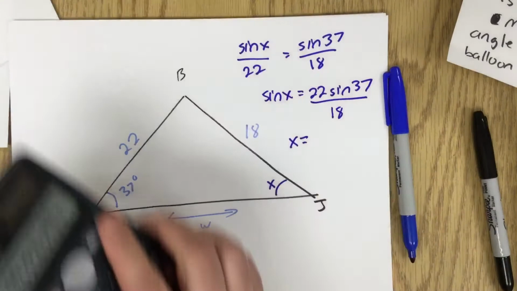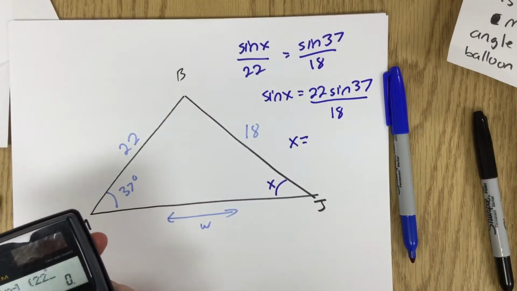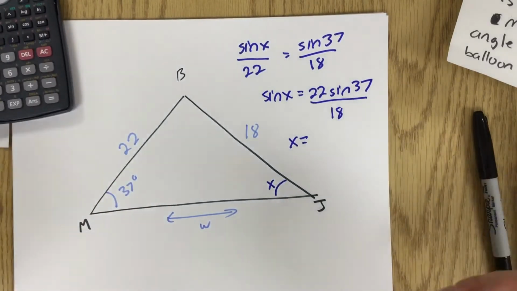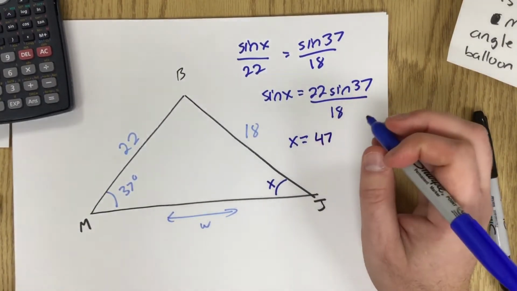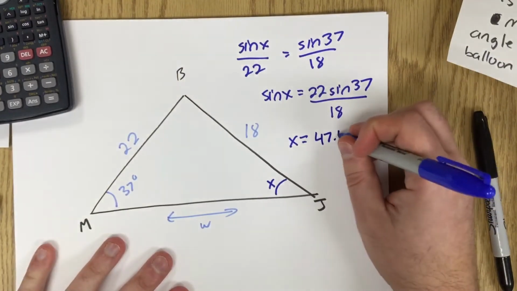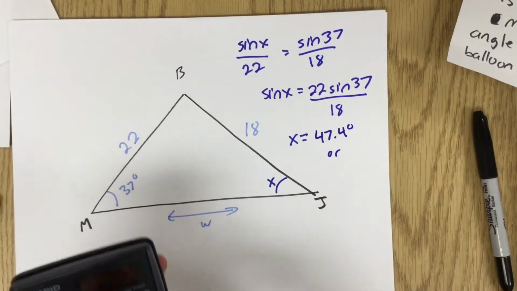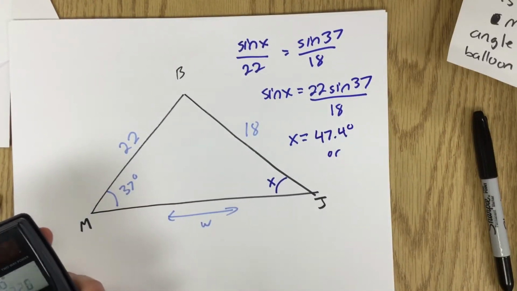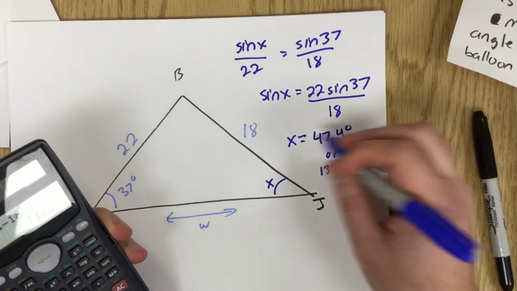And X ends up being the inverse sine of 22 sine 37 over 18. And X ends up being about 47.4 degrees. Or we need to have a second quadrant answer. So 47.4, or 132.6 degrees.